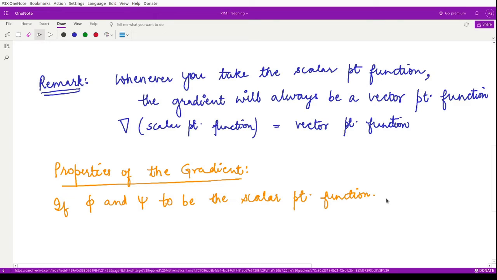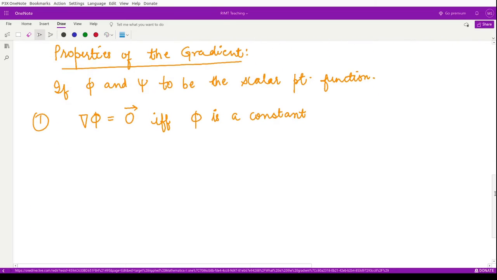Then I can define the first property as gradient of the first function phi equal to 0. Now this is a 0 vector having magnitude 0 and no direction at all. If gradient of some scalar point function is a 0 vector, this is possible if and only if phi is a constant function. So whenever you have some scalar point function as constant, the gradient is equal to 0 vector, and conversely if the gradient is equal to 0 vector, the function phi is a constant.